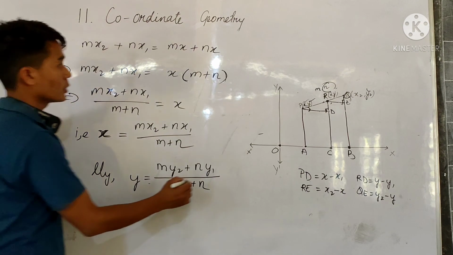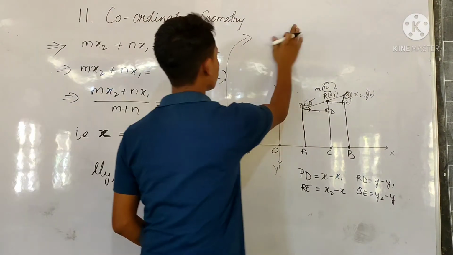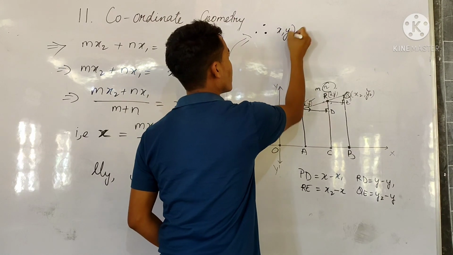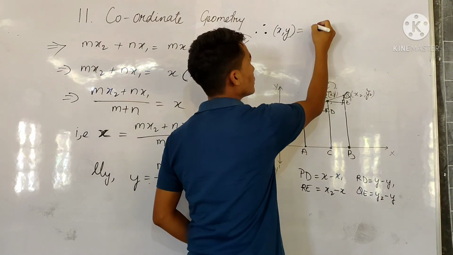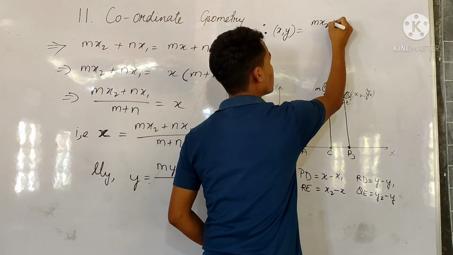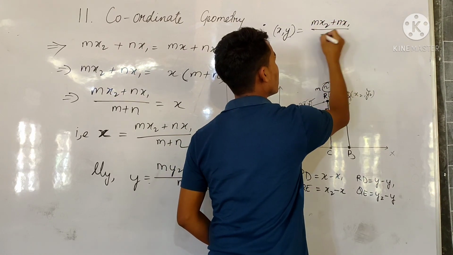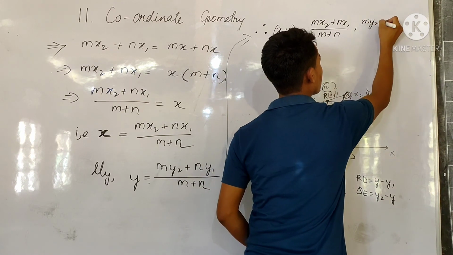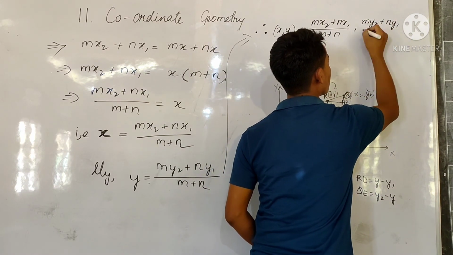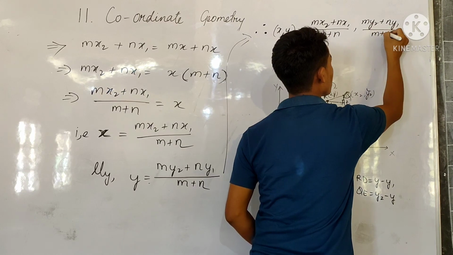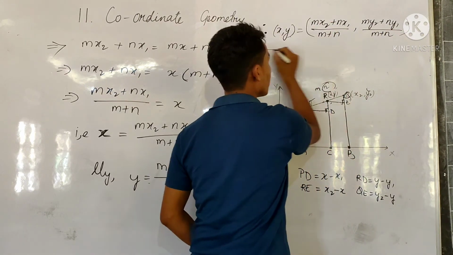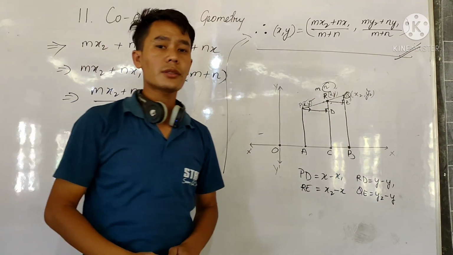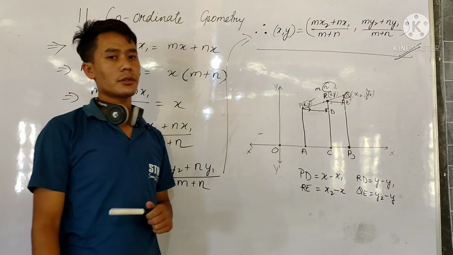Therefore, (x, y) is equal to (mx2 plus nx1 by m plus n, my2 plus ny1 by m plus n). So this derivation, or this formula, is also known as the section formula.